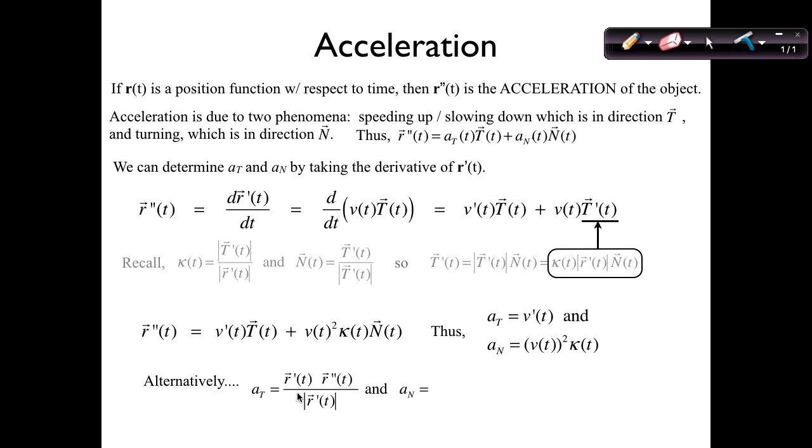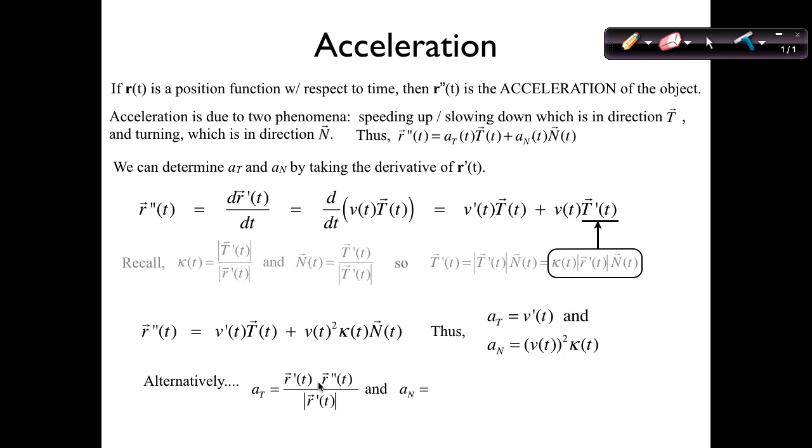So the question is, for the tangential acceleration, is that a matter of dot product or cross product? We want the part of the second derivative that's in the direction of r prime or orthogonal to r prime? In the direction. Agree with that? Tangential acceleration: we want the part of the acceleration that's in the direction of r prime.